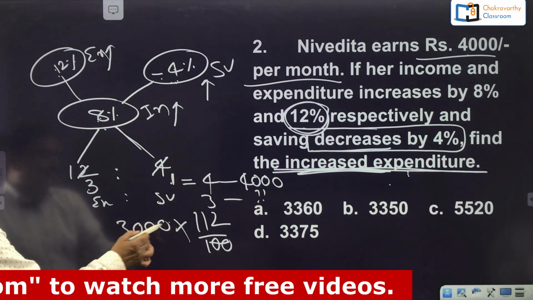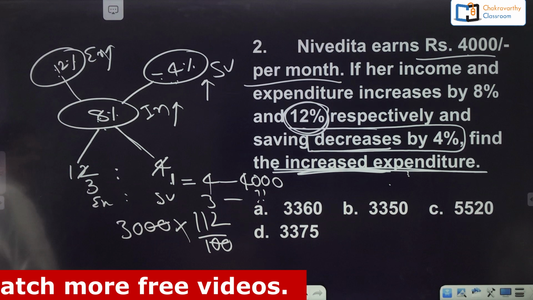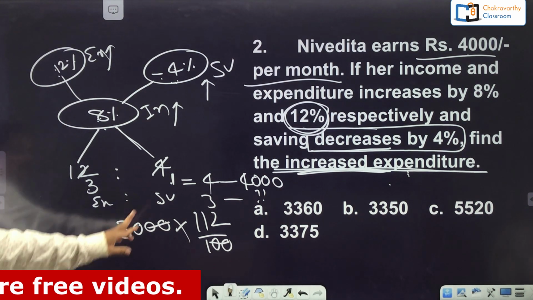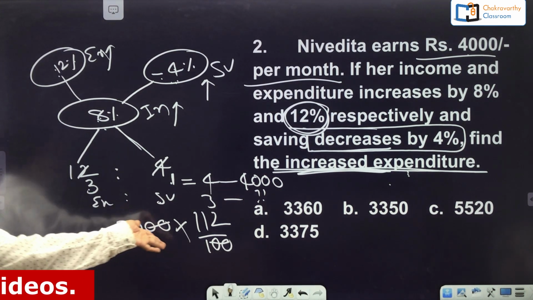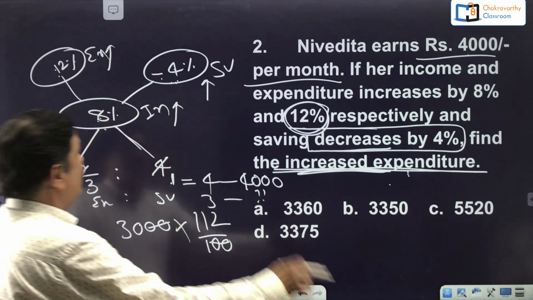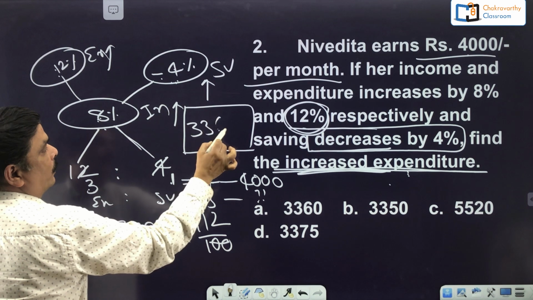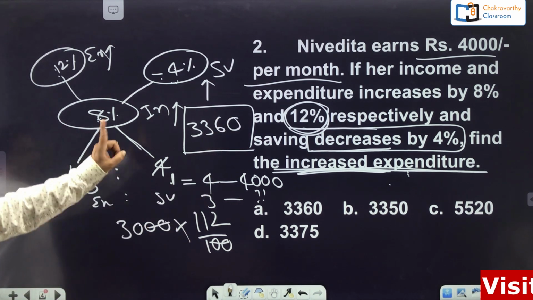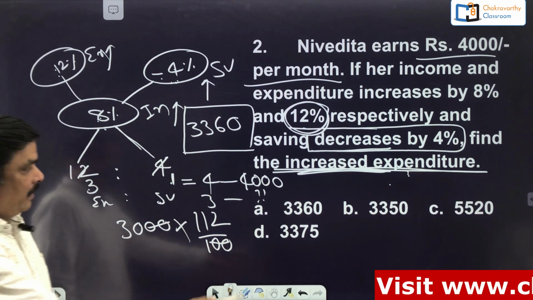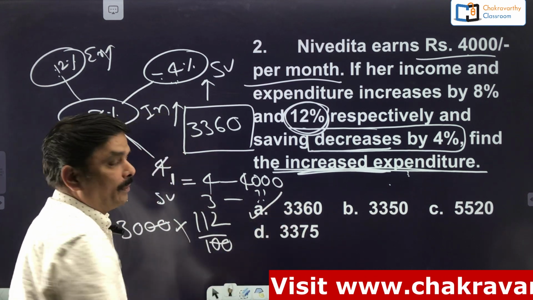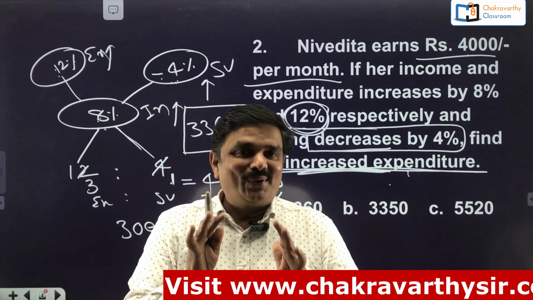Then 2 zeros cancel here. 30 into 112: 3 into 112 is 336, and a 0. So 3,360. I am getting 3,360 in option number 1. All of you got the idea, right?